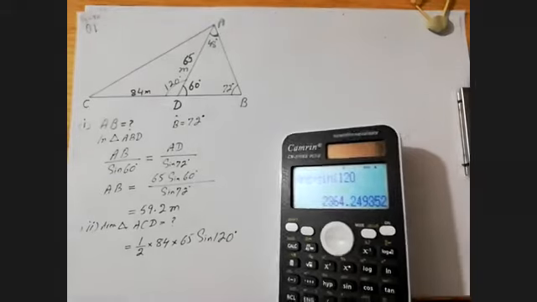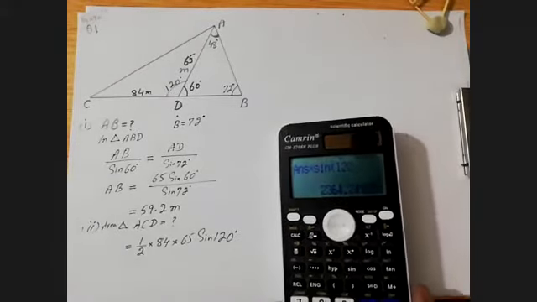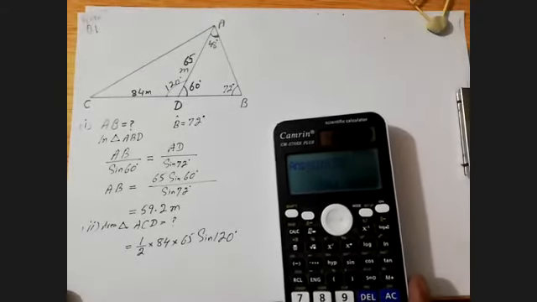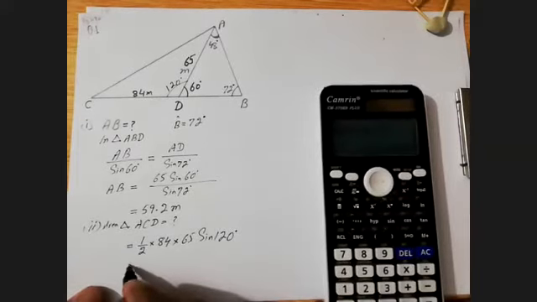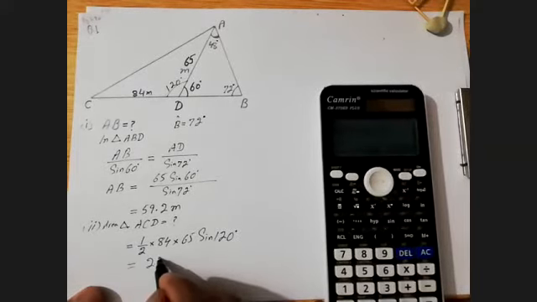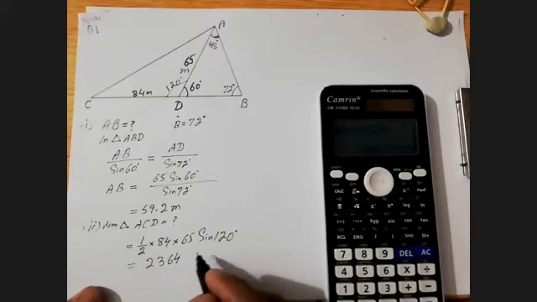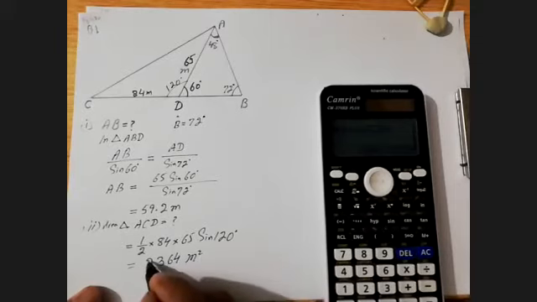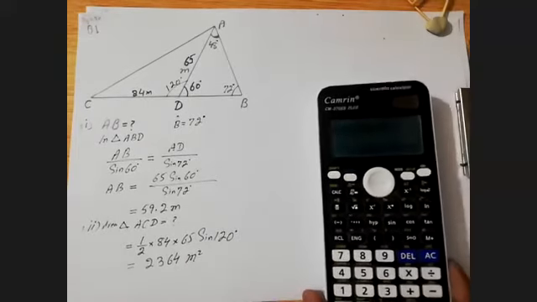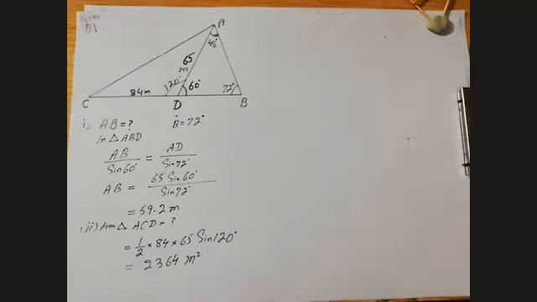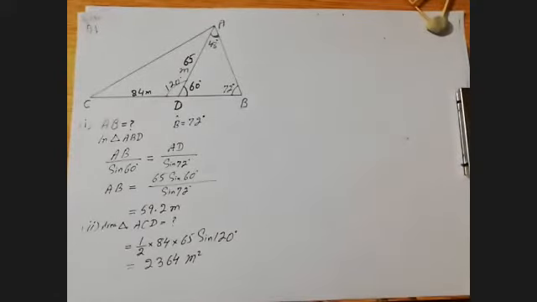I got the answer 2364.2. So this is 2364 meter square. Okay, so this is the area of the triangle ACD.